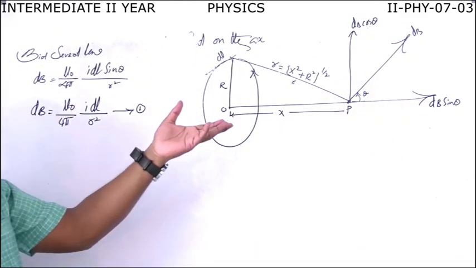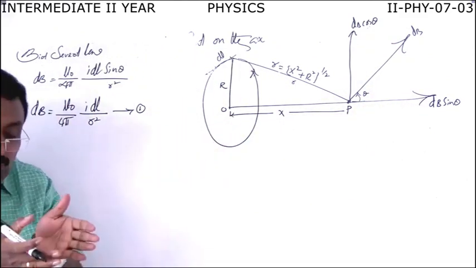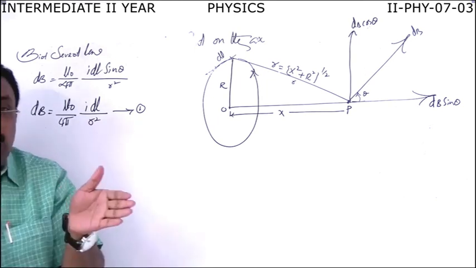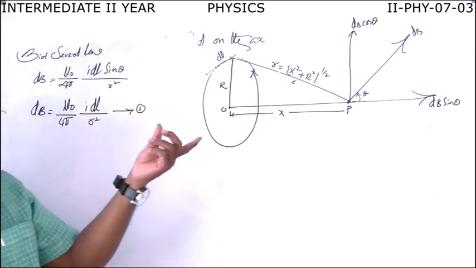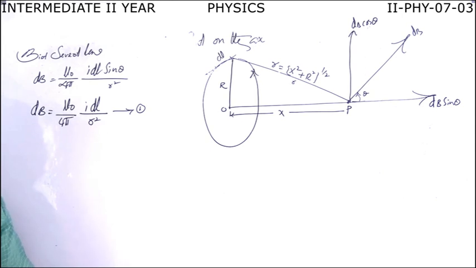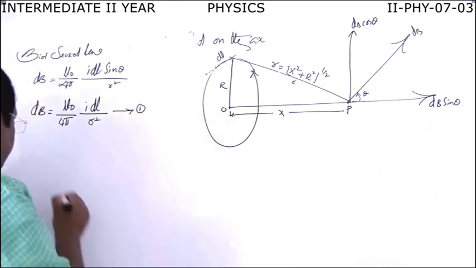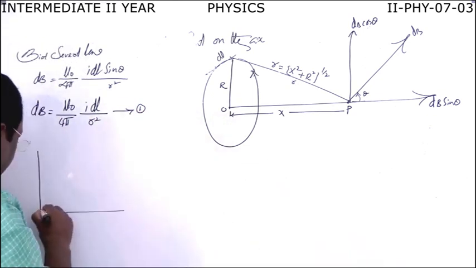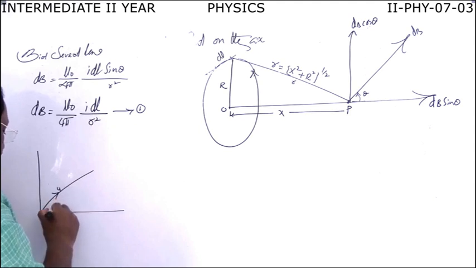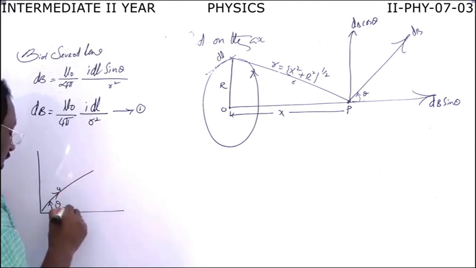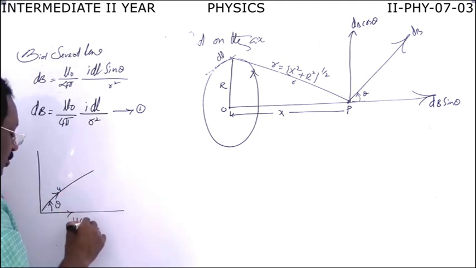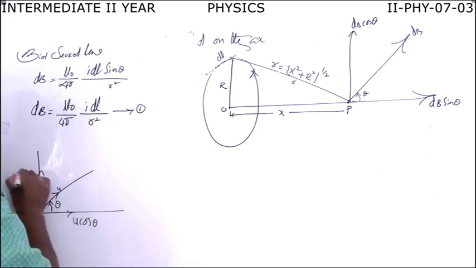In various cases, a single quantity is resolved into two components, a horizontal component and a vertical component. In the case of a projectile, whenever a body is projected at some angle, the velocity of the body is resolved into two components, u cos theta and u sin theta.